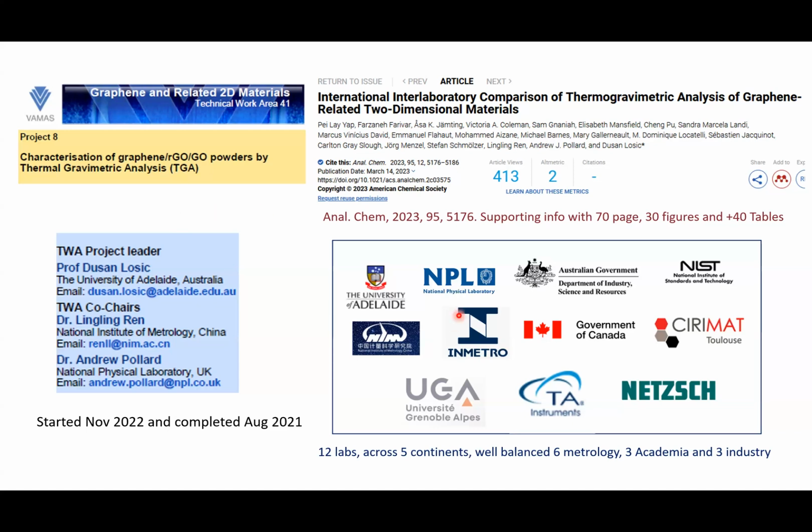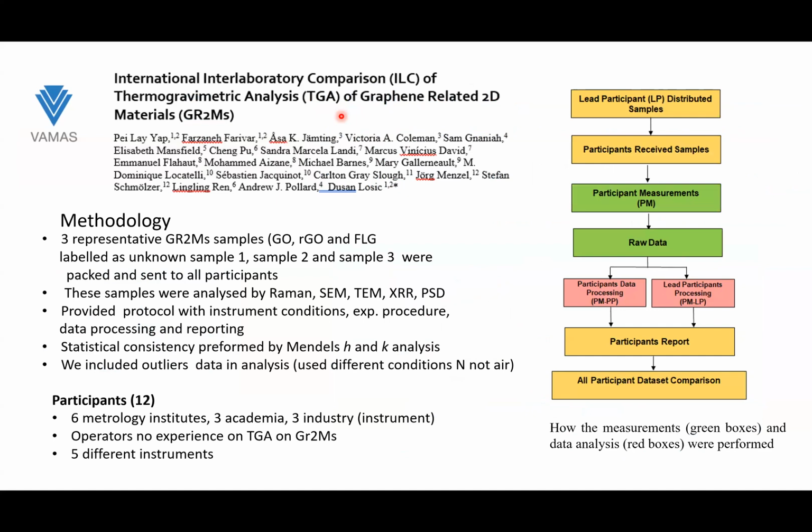This study involved 12 labs around the world, nicely balanced with 6 metrology organizations, 3 universities, and 3 companies making TGA instruments. More details you can see in published papers.